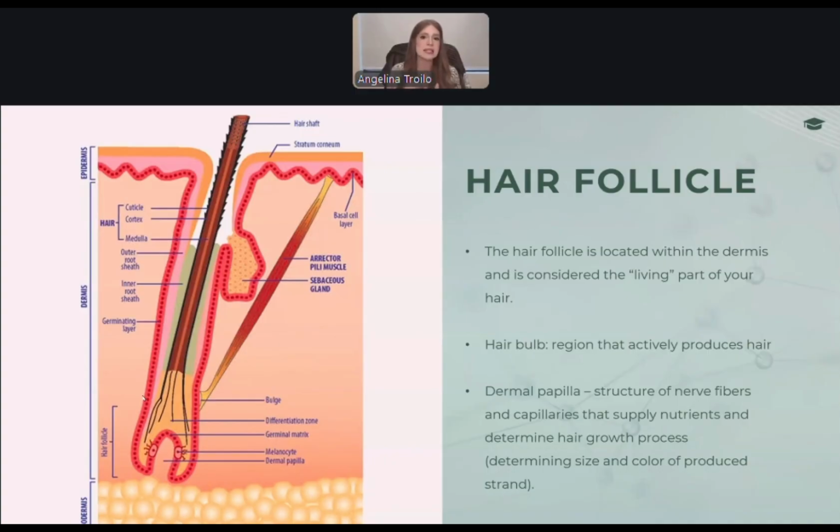Now, the growth of hair is very similar to the way our skin grows, for lack of a better term. The cells divide and they grow. They push the older cells upward and away from the blood supply, resulting in gradual cell death and keratinization. So last week, you may remember that was exactly the same thing we saw on the epidermis.